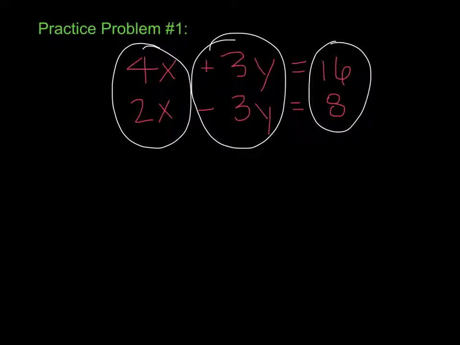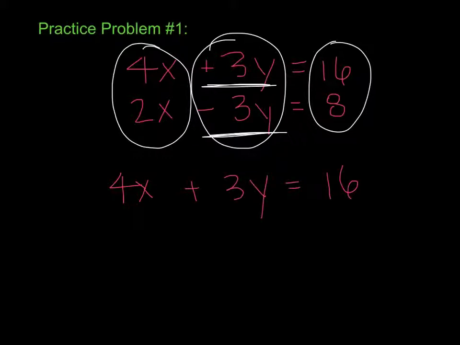So if I multiply by 1, I can already see that positive 3y and negative 3y are opposites. So there's really no need to do any manipulation. It's already done for you. So 4x plus 3y equals 16 and 2x minus 3y equals 8.